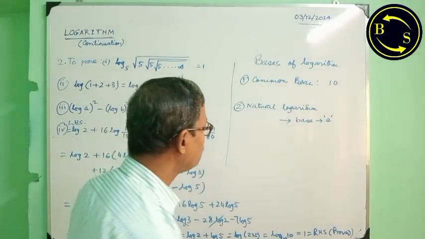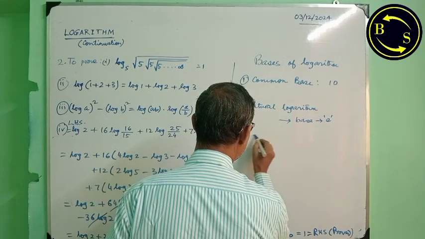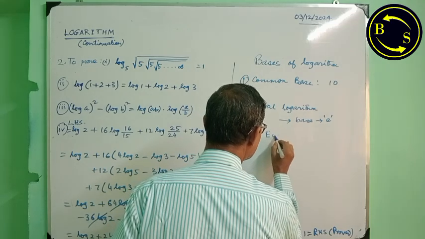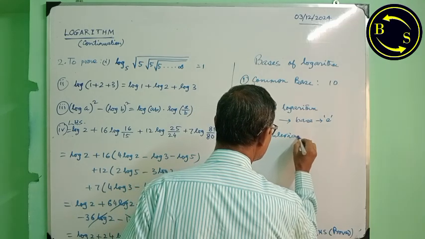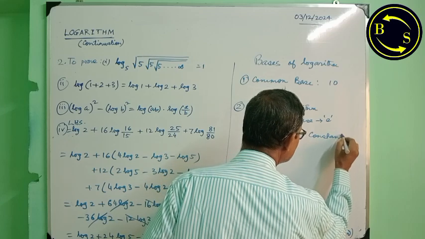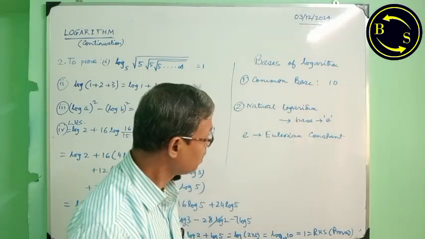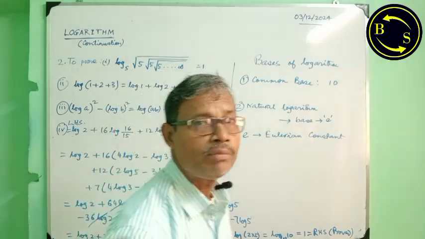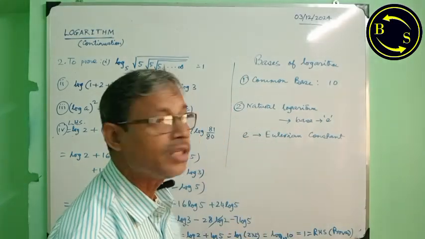The base is e, which is Euler's constant. Already students of 11, 12 have heard this.